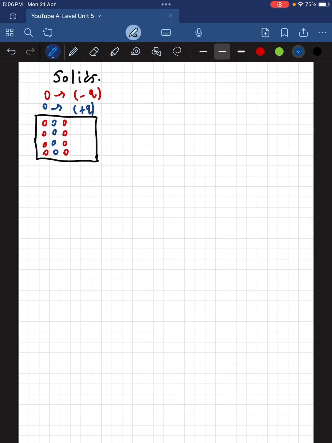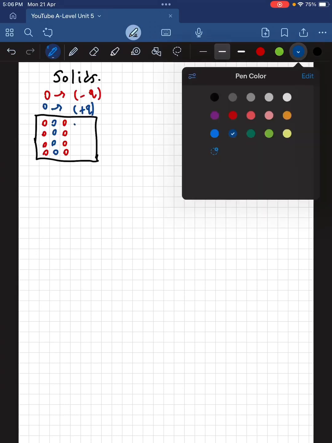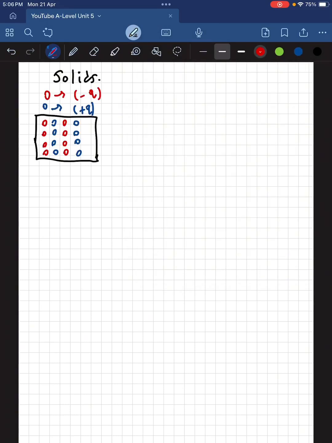So this is gonna take time, so anyway, let's do one more row. Okay, now this is the situation in solids. You can think of, for example, salt, NaCl, right? Sodium has a positive charge because it loses one electron, which goes to chlorine that is negatively charged, okay?